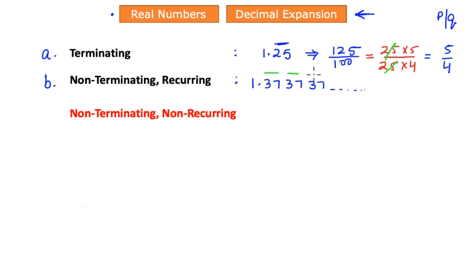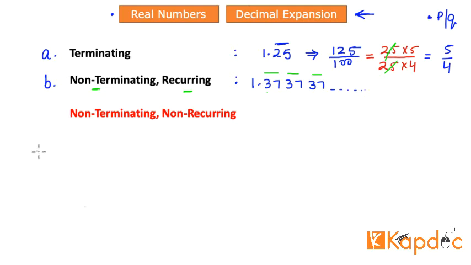That is why it is called non-terminating, because this decimal sequence never ends, and it is called recurring because you see a pattern of repetition. The numbers repeat themselves, right? We are saying that such numbers are also classified as rational numbers.